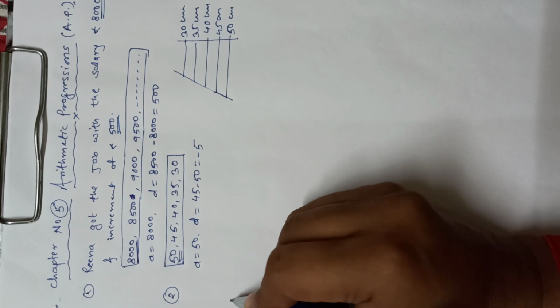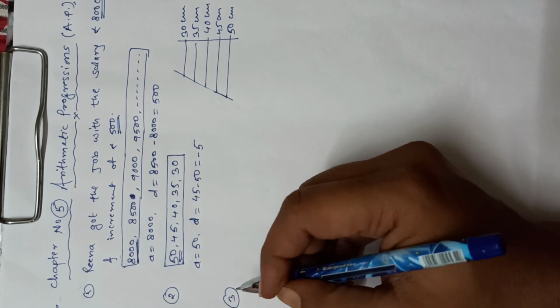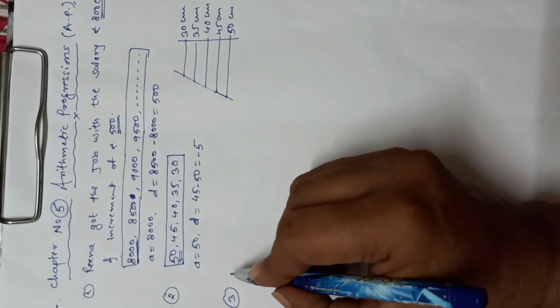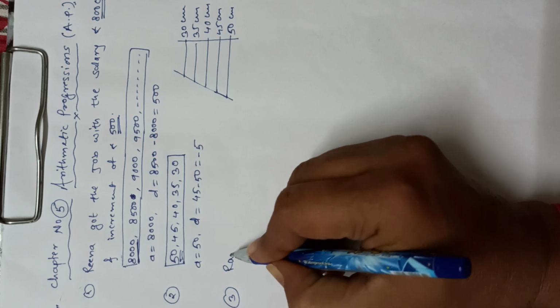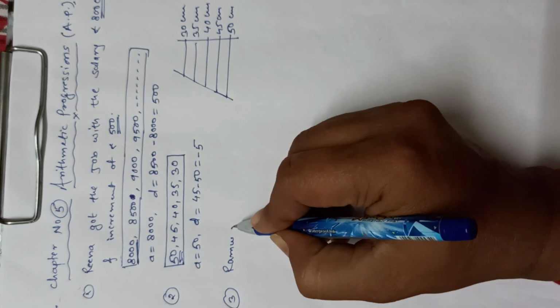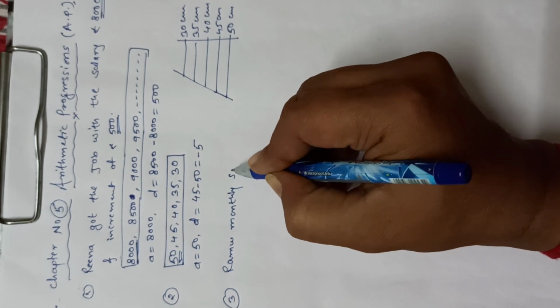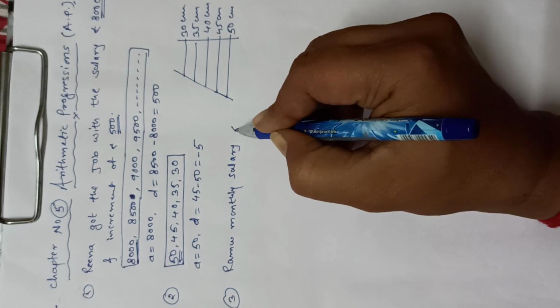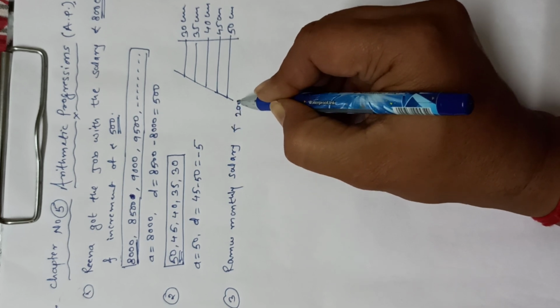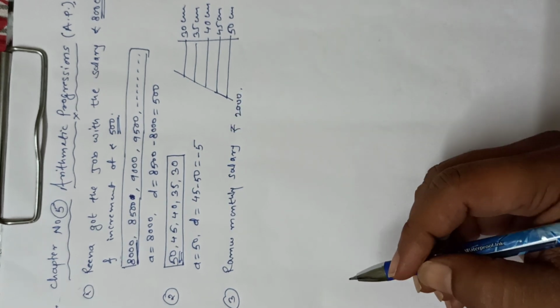Again we will take the third example, that Ramu has a monthly salary of rupees 2000. Ramu's monthly salary is rupees 2000.